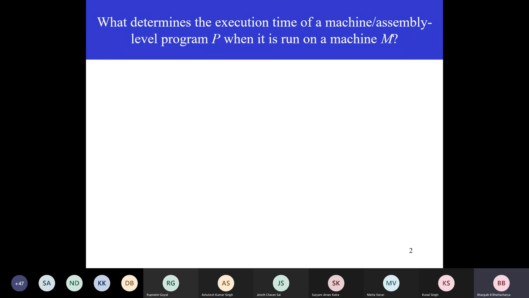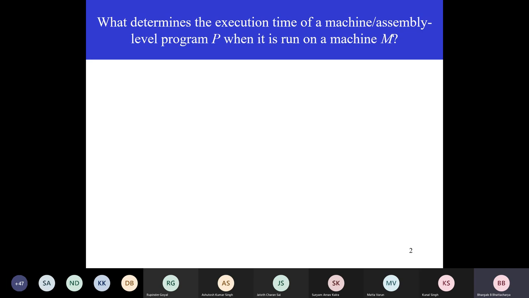So each instruction requires certain machine cycles, and this might differ from instruction to instruction. That's why we are talking about some average number of clock cycles per instruction, or CPI. Now, CPI happens to be a very important characteristic of a machine.